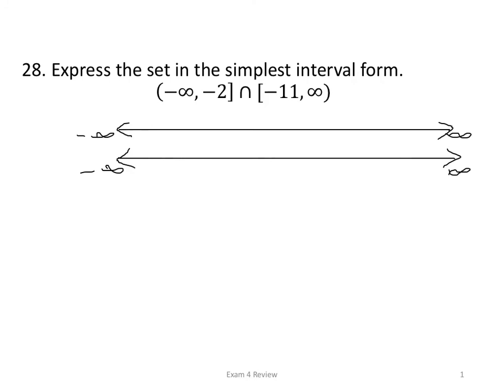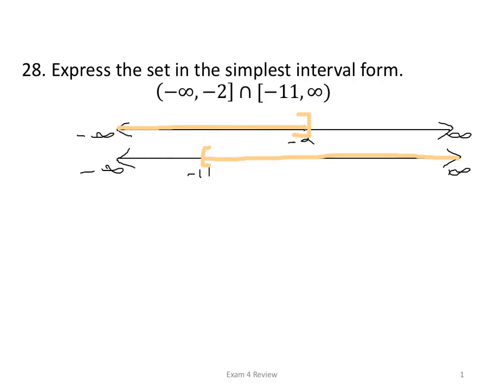So first let's graph the interval that runs from negative infinity to negative 2. So it's going to run from negative infinity, and we'll say negative 2 is right there. And at the negative 2, it has a bracket. Now let's do the other one, which runs from negative 11 with the bracket to positive infinity.